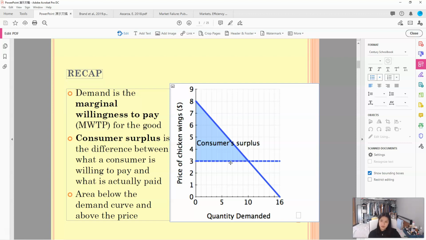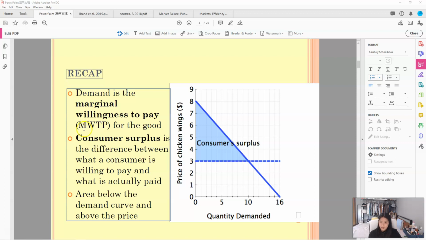And the consumer surplus is defined as the difference between what a consumer is willing to pay and what is actually paid.